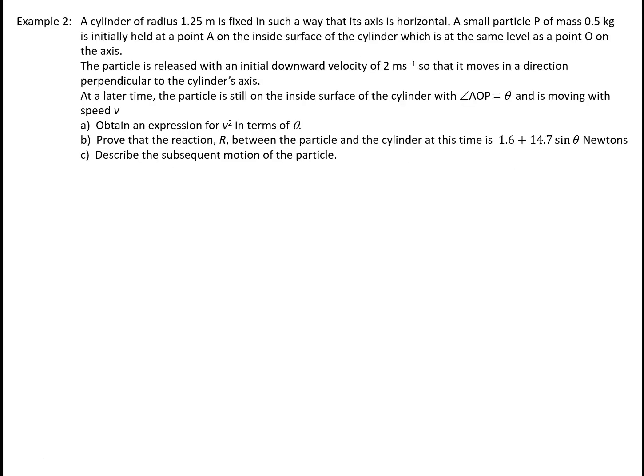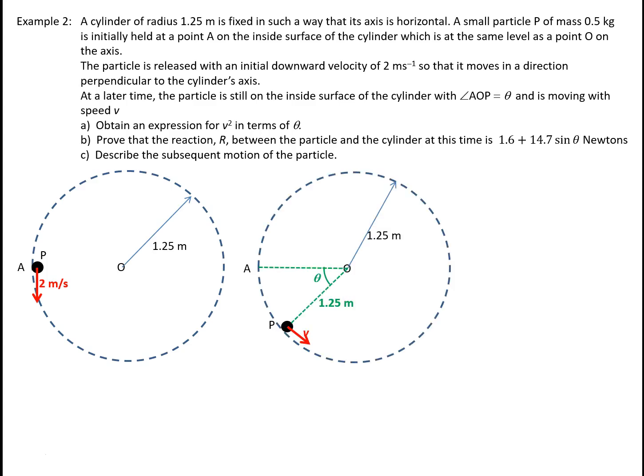So, here's our initial diagram, here's the new diagram, and if we're going to get the v squared expression, we're going to have to, as usual, start by getting the conservation of energy. And in this case, as it moves from the initial position to the general position, we're losing potential energy and gaining kinetic energy. So we can apply the conservation of energy as loss in potential energy equals the gain in kinetic energy.